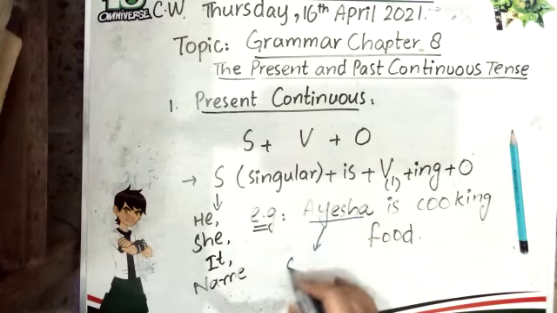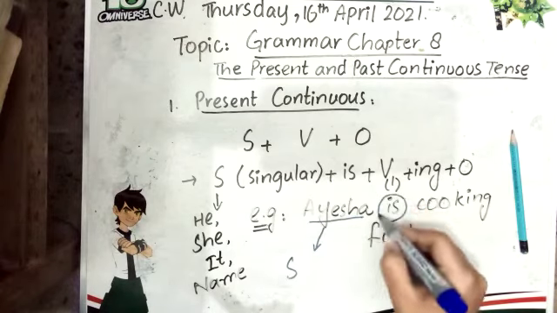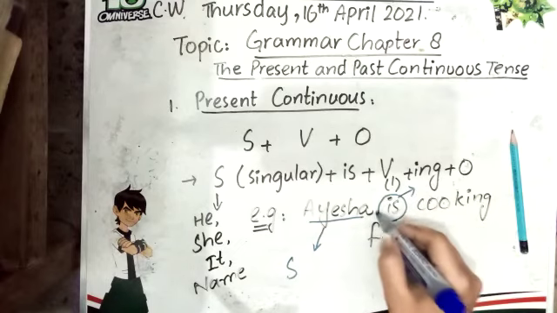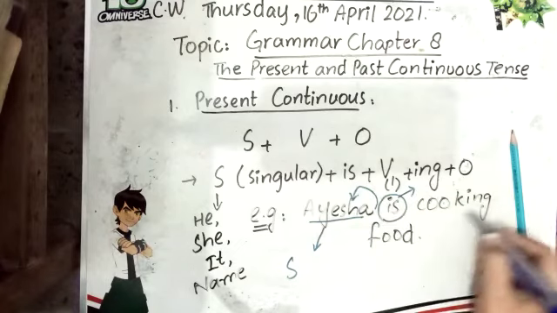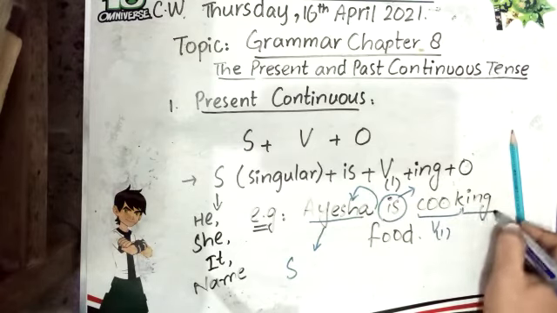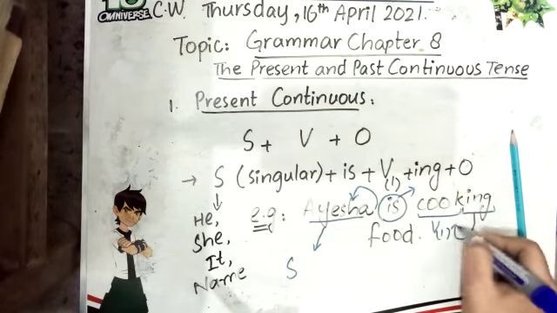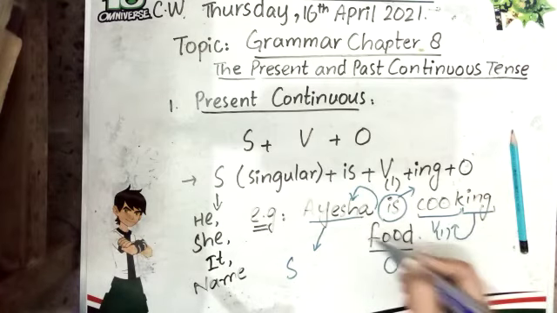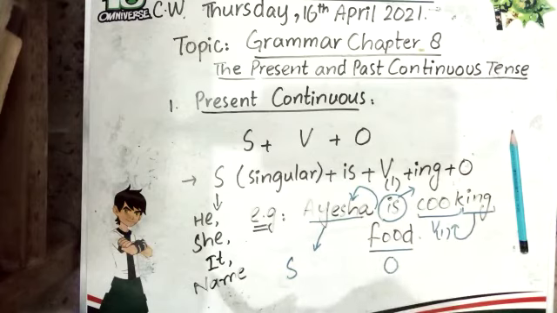Is is our helping verb or auxiliary according to the subject. Cook is the verb first form and ing is used over here because it is a present continuous tense, and then you have food as an object. So Aisha is cooking food.